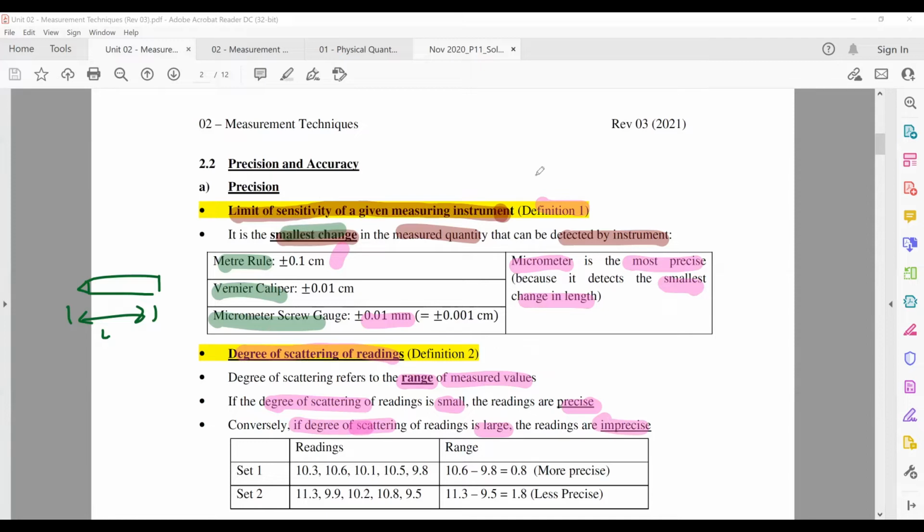So take for example the two sets of readings that you have here. You want to find out the degree of scattering, or the range. What you do is take the highest value minus the lowest value.